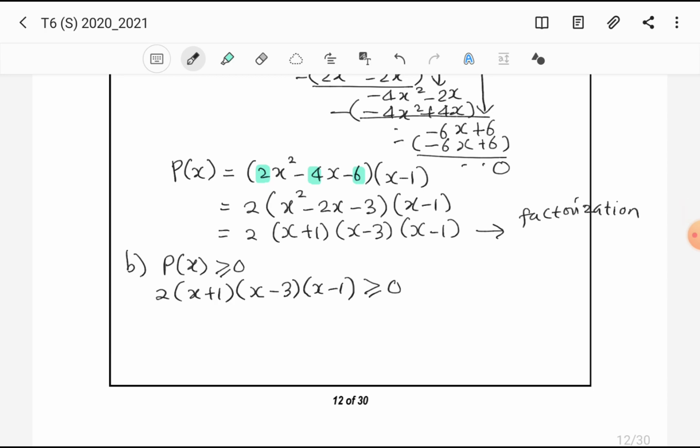Boleh tak saya nak guna graphical? Boleh tak graphical method? Boleh? Tak boleh. Bagus. Tak boleh. Graphical method is special for quadratic inequality sahaja. Nah, okay. So for this one, kita akan guna namanya sign line.